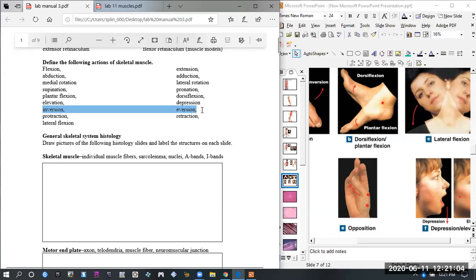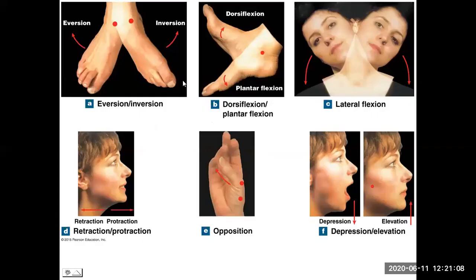Inversion and eversion, we're looking at the ankle once again. Of course, in anatomical position, the foot would be centered, just straight down. So rotating the ankle medially, that's inversion. And rotating the ankle out laterally is eversion.